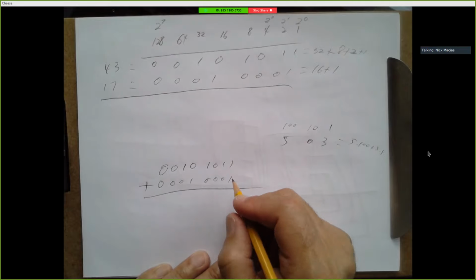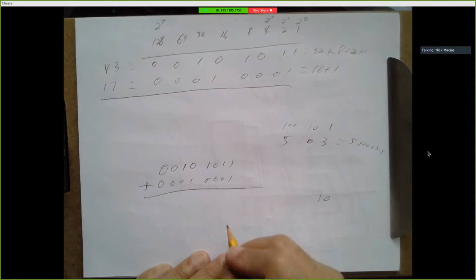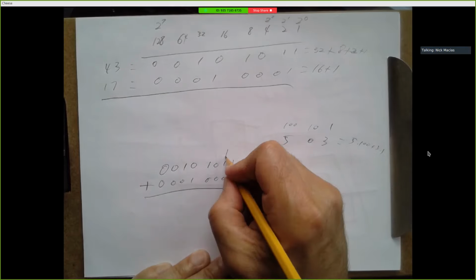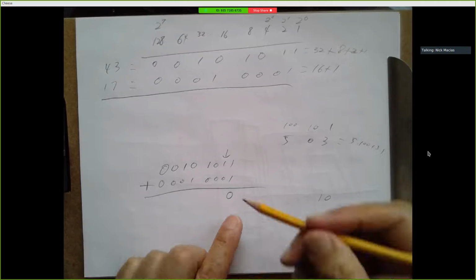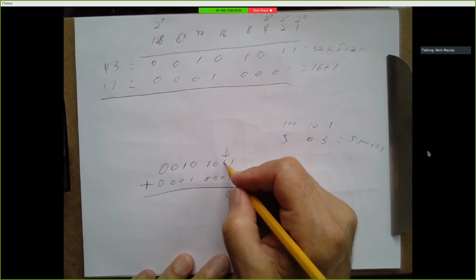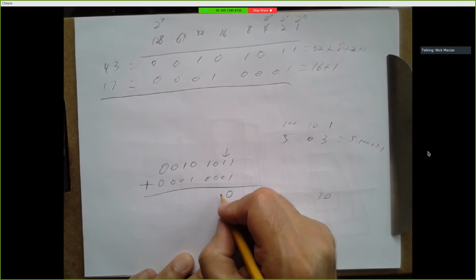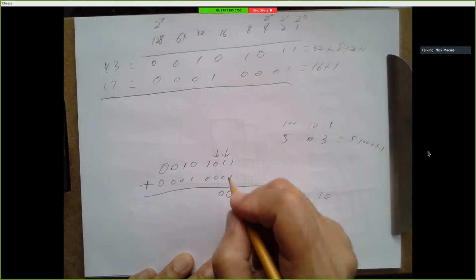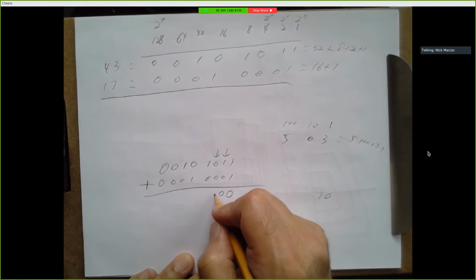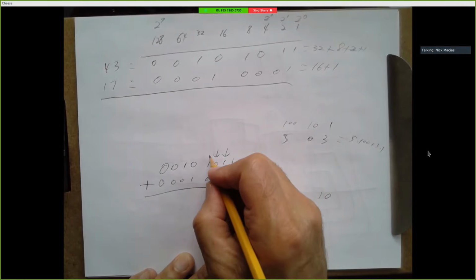We don't write down a 2, which looks like this. We write down the least significant digit, and we carry the most significant digit. So that's our 2 right there. 1 plus 0 is another 2, so there's our 0, and we carry the 1. 1 plus 0 is 1, with no carry.